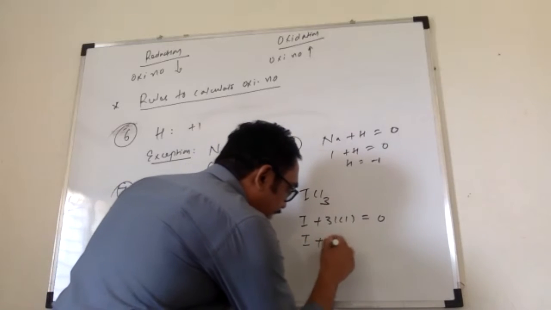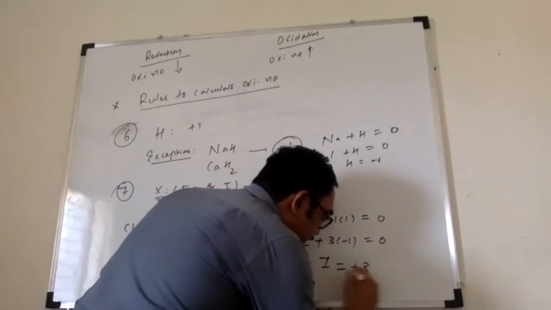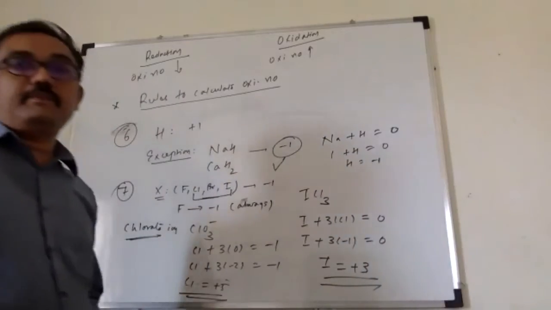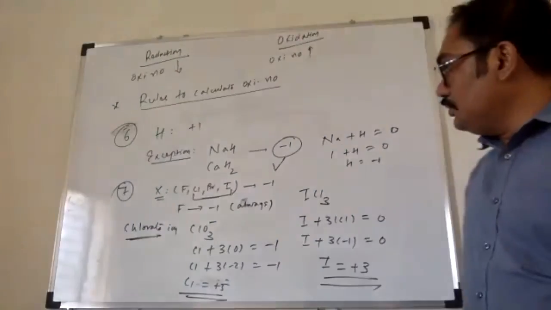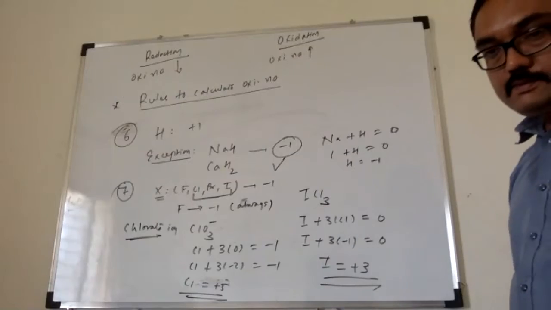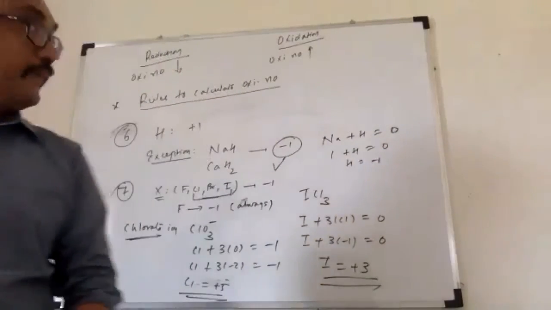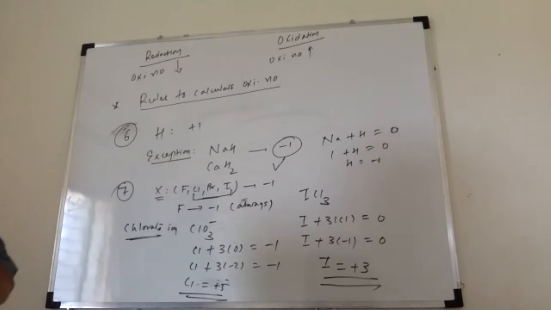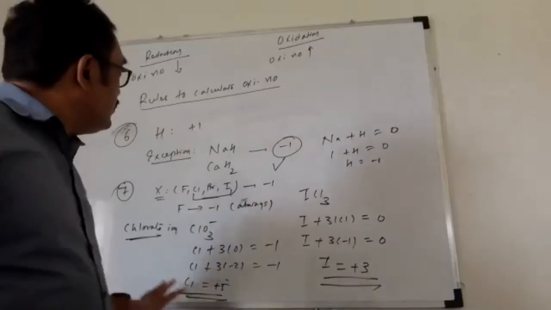Chlorine we will take -1 as it is more electronegative. So iodine is in the positive state. All right. So that is the rule for halogen. So these were the rules to calculate.